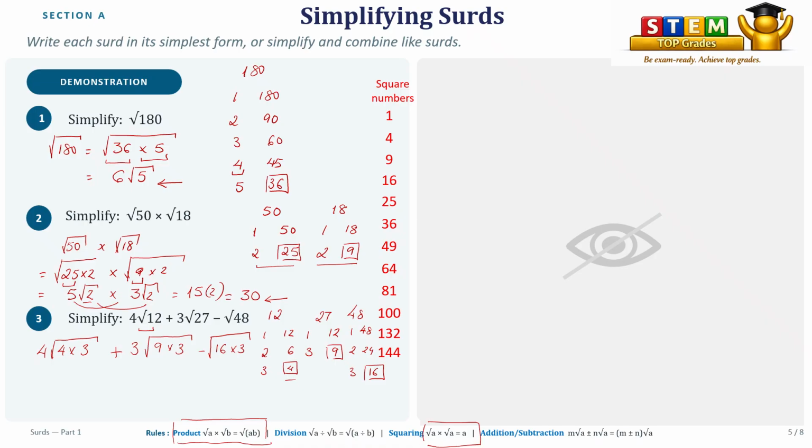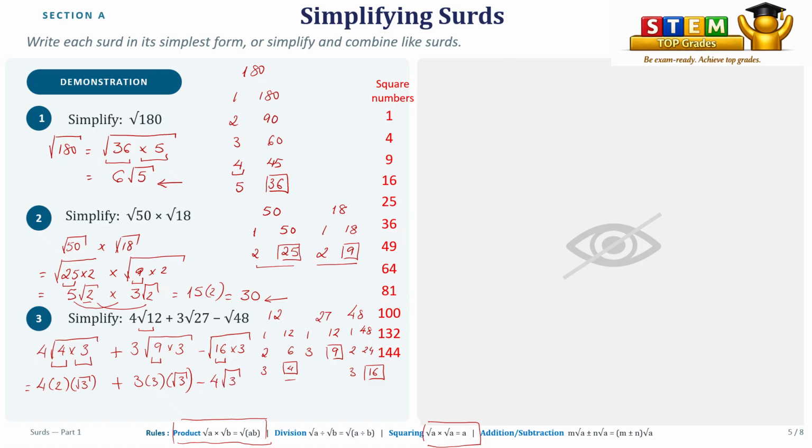Now, if we must simplify further, the first line, square root of 4, that gives me 2, so I'll put brackets there, and then that one will result in a surd. The next one will give me 3, 9, square root of 9 is going to give me 3, square root of 3 will remain as square root of 3, unchanged, and that will give me 4 root 3.